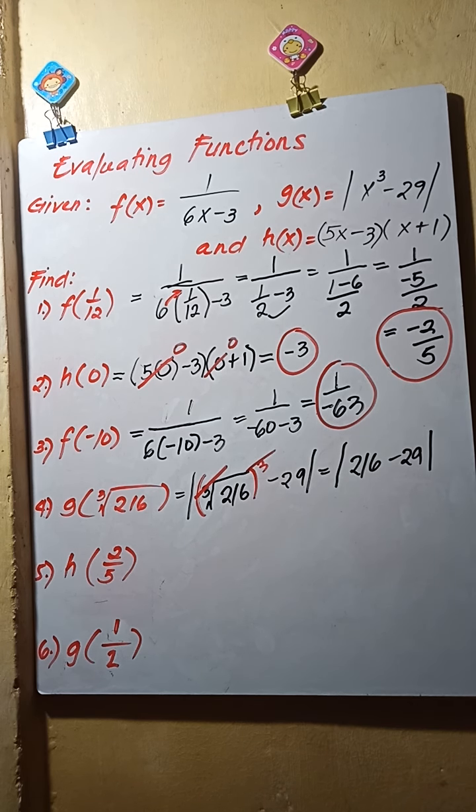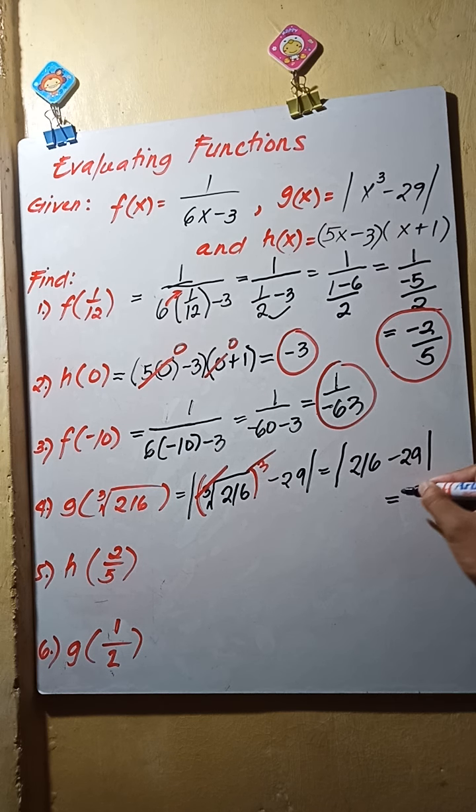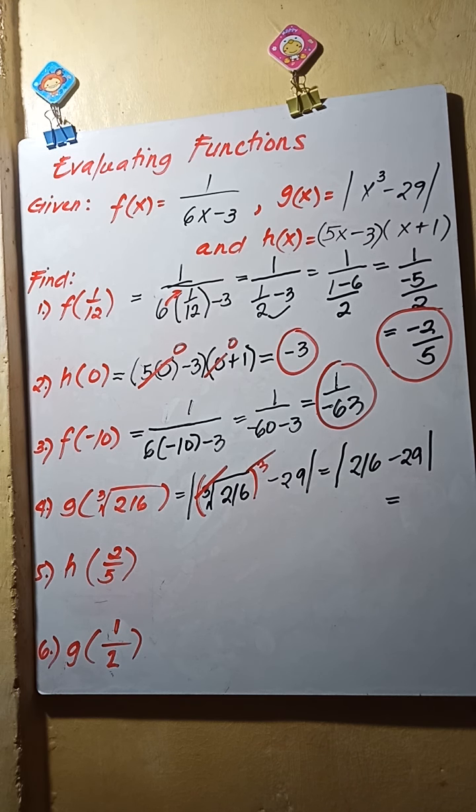So take note, if you evaluate absolute value, whatever is inside the absolute value should be positive, no? So 216 minus 29, that is 187. So therefore, the absolute value of 187.